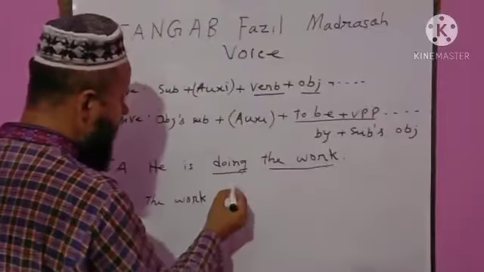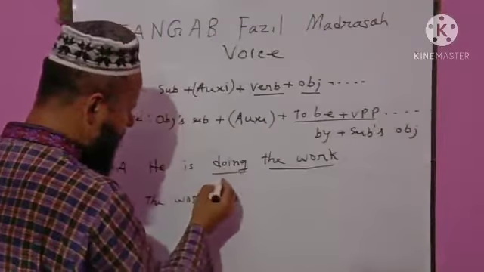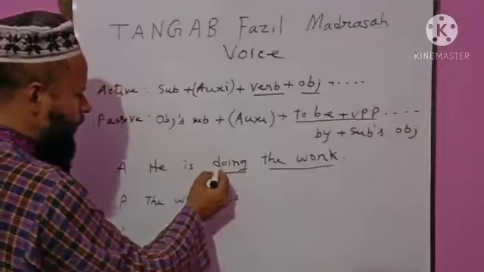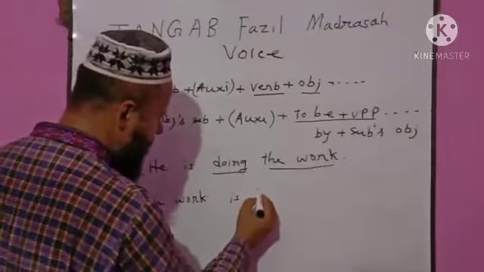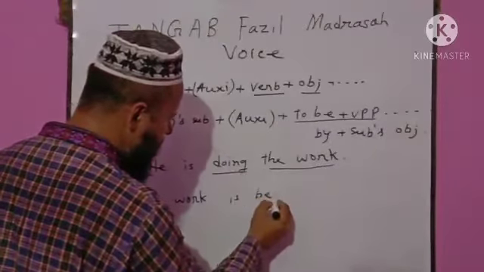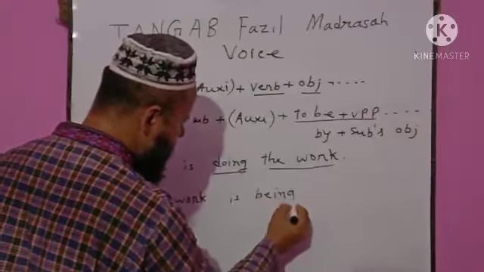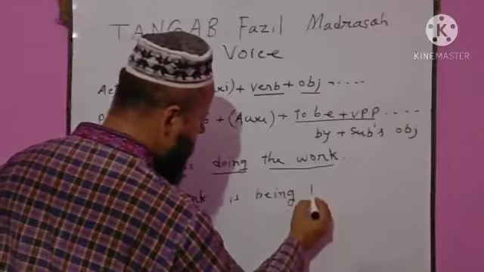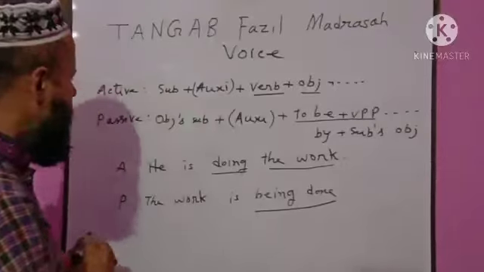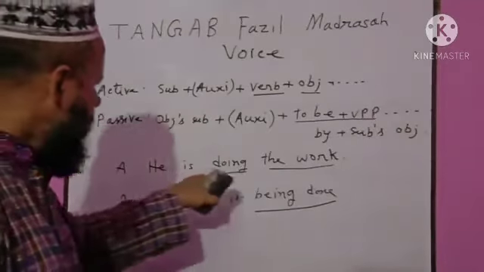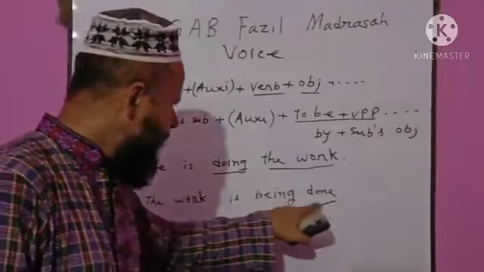To be will be according to the main verb. This main verb is doing, do plus ing. So passive voice will be being, B-E-I-N-G, and main verb done, past participle of the main verb. Being done. This is passive. In active voice, doing, and in passive voice, being done.